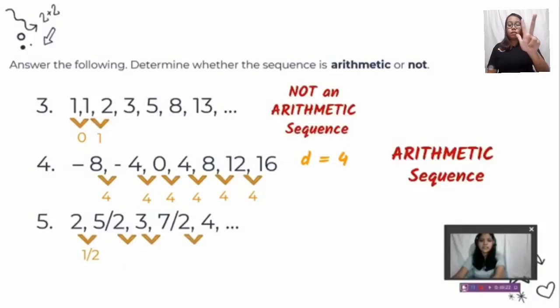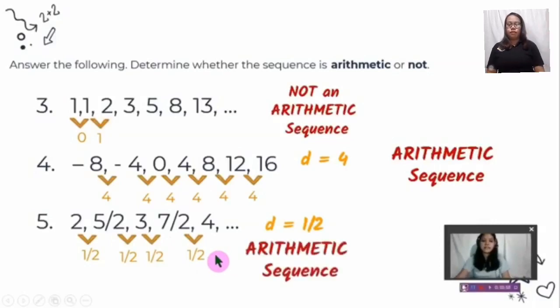Next, 3 minus 5 halves, or 3 minus 2 and 1 half, that is 1 half. 7 halves minus 3, that is the same as 3 and 1 half minus 3, that is 1 half. So 4 minus 7 halves, that is the same as 4 minus 3 and 1 half, that is 1 half. So for number 5, our d is 1 half. That means number 5 is an arithmetic sequence.